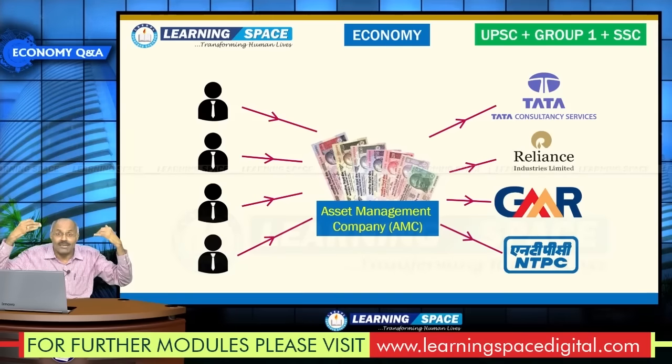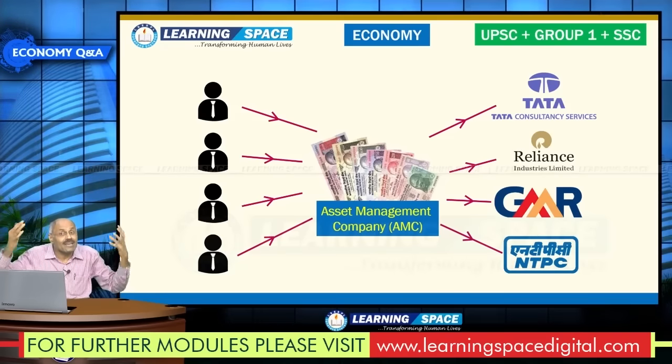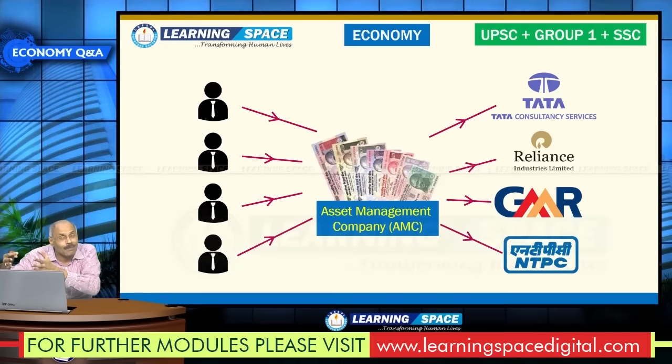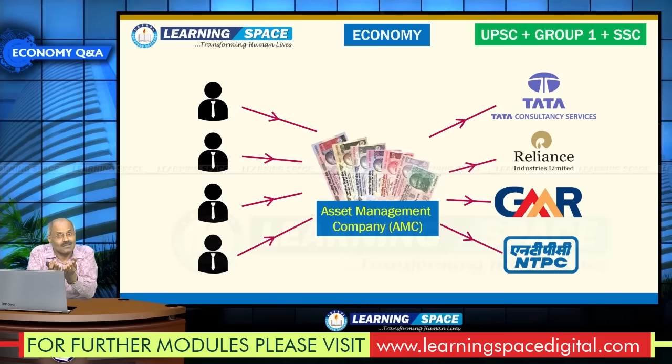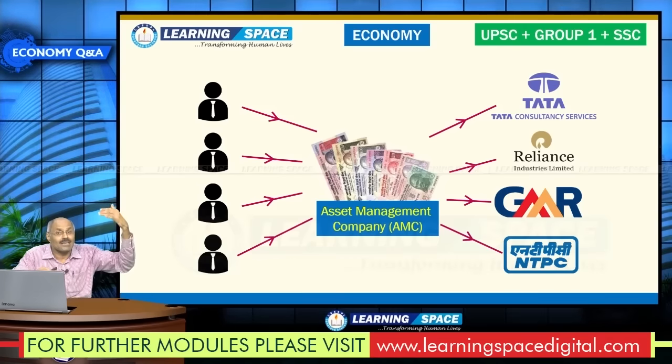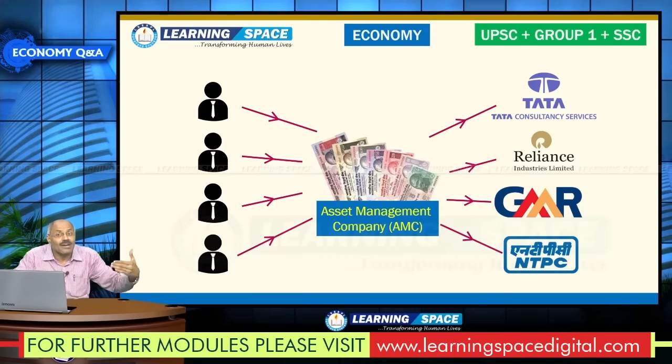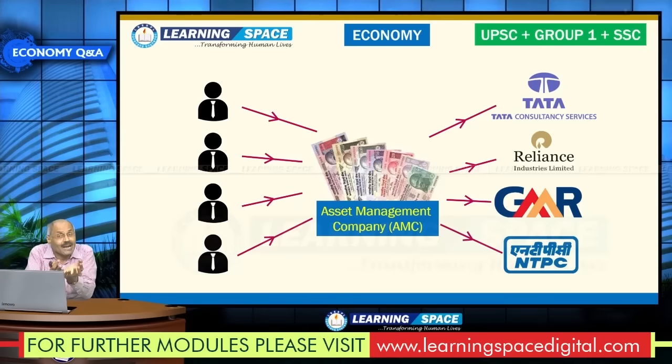So, by applying their brain, they will invest in various companies, and that is the company which is maintaining mutual funds. So, mutual funds means the investors like you and me will give money, and subsequently the company will invest in shares, bonds and debentures of various companies by applying their brain.